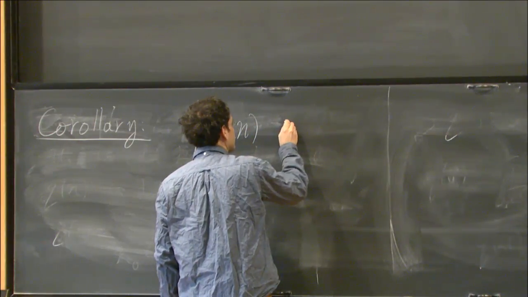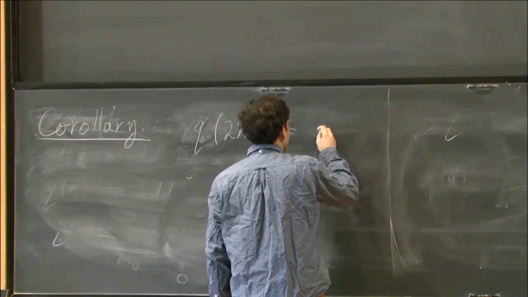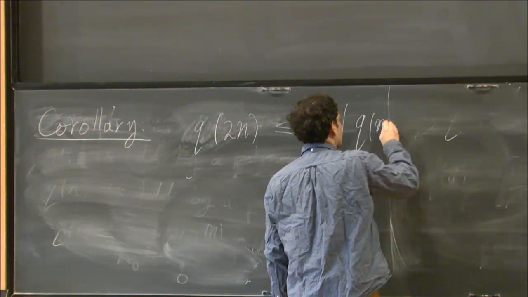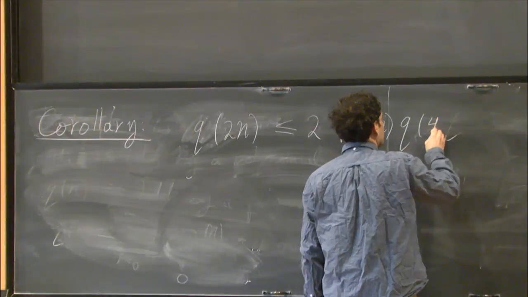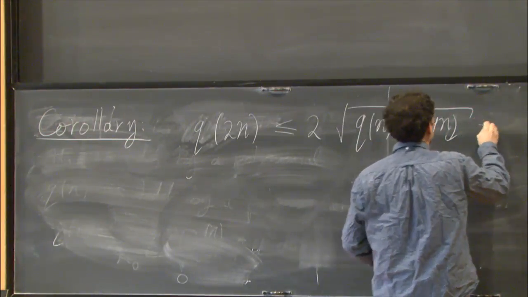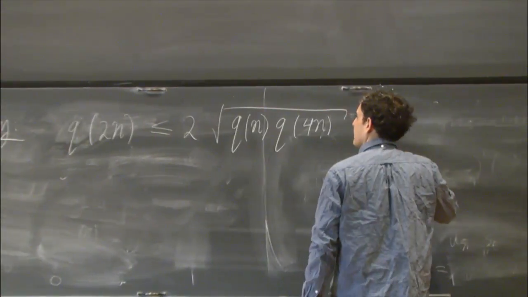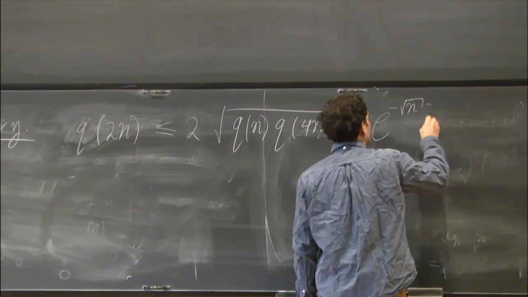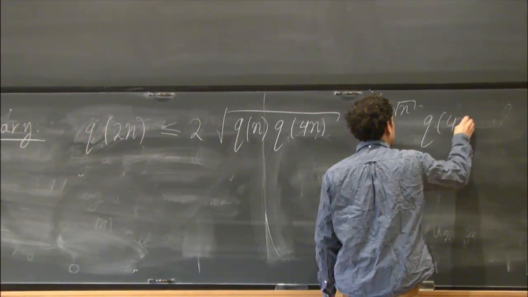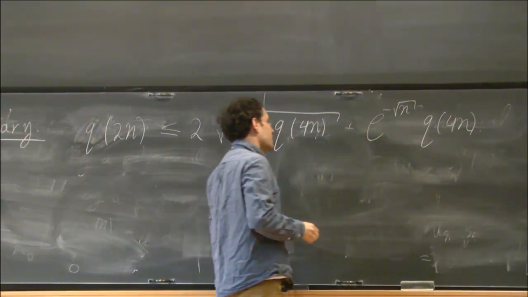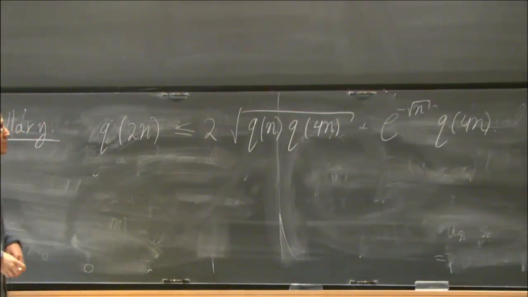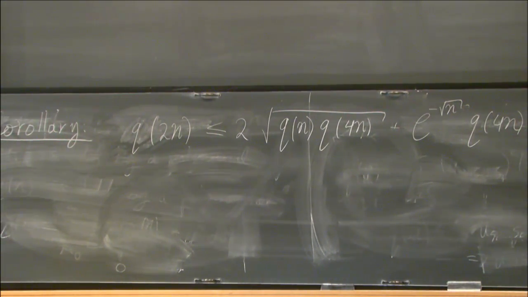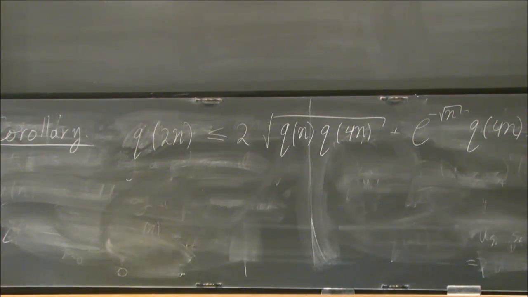So Q(2n) is bounded by 2 times the square root of Q(n) times Q(4n), and then we have an additional term, e to the power minus square root of n, times Q(4n). Okay, so let me remark about this formulation of the three-circle theorem, the discrete three-circle theorem.